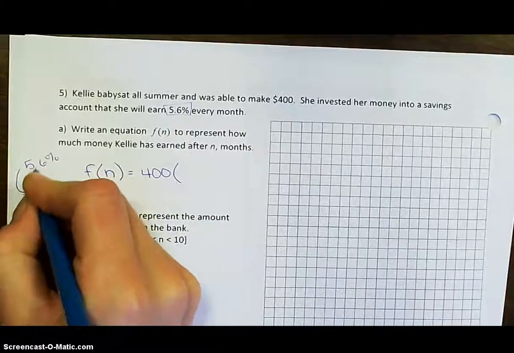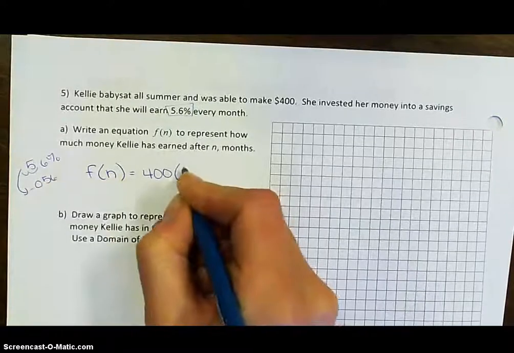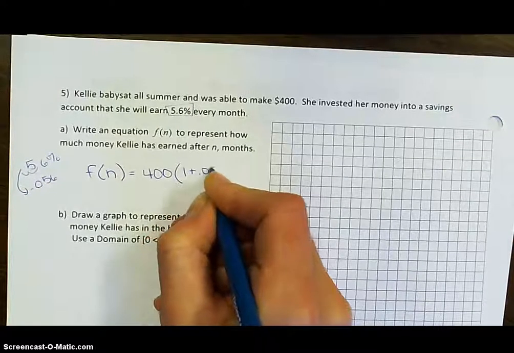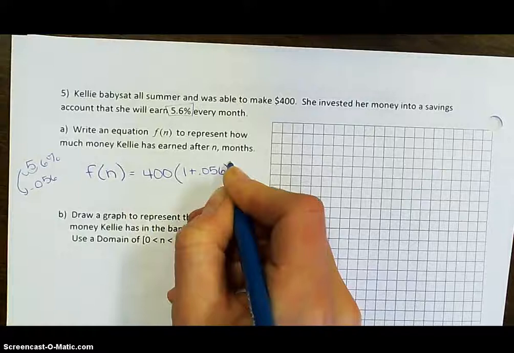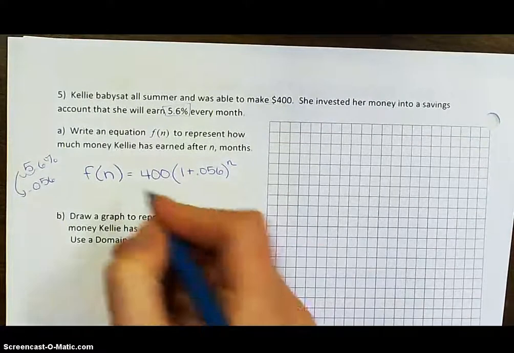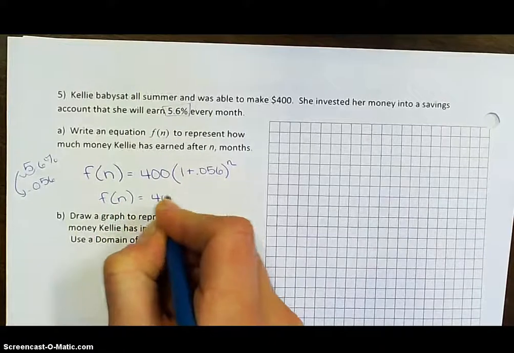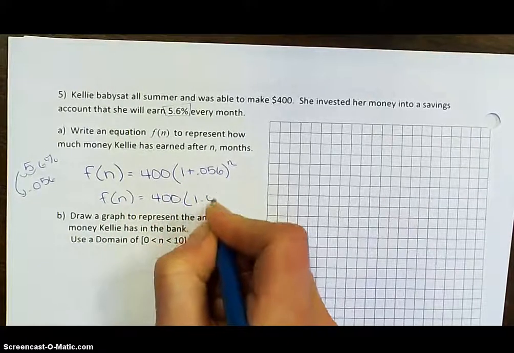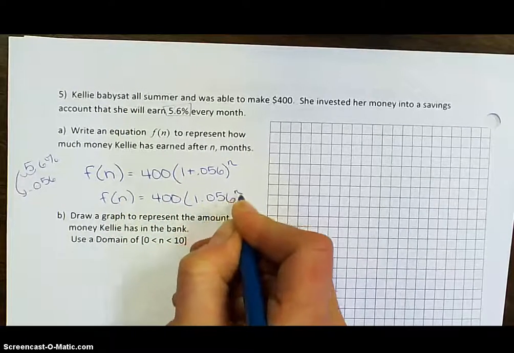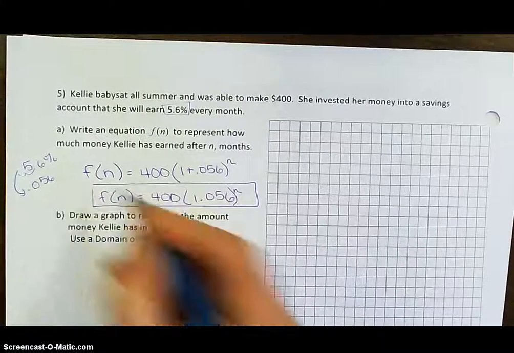We have to move it over twice. So this becomes 0.056. 1 plus 0.056, all raised to the n. If we wanted to, we could simplify what's in the parentheses: 1.056 raised to the n. And now we have written our function.